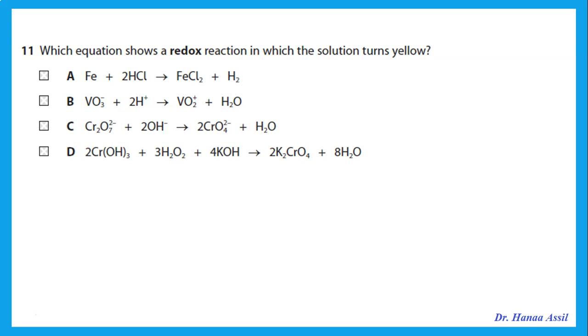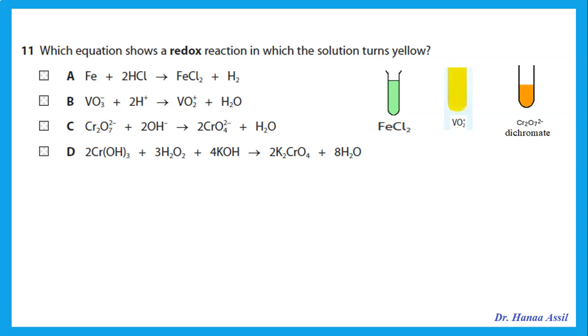Which equation shows a redox reaction in which the solution turns yellow? So, I want it to be redox, and I want the final color to be yellow. Now, if we look at that first choice, FeCl2 is green, and that's not a redox anyway. The second choice, that's yellow, but that's not a redox. Choice C gives the dichromate, which is orange.